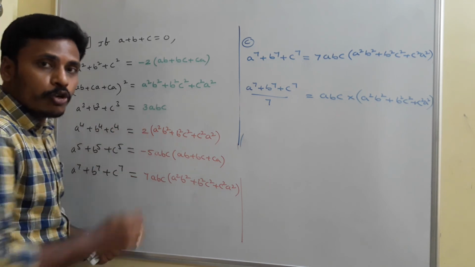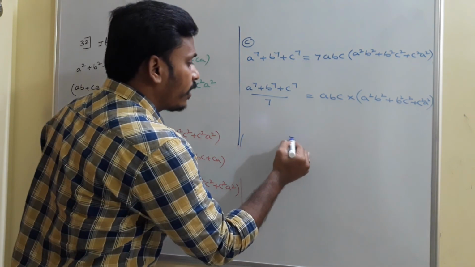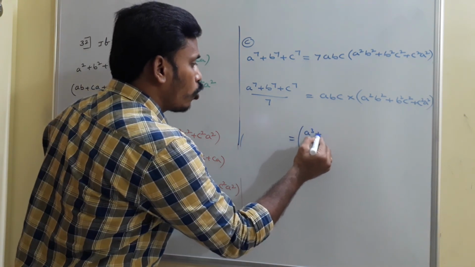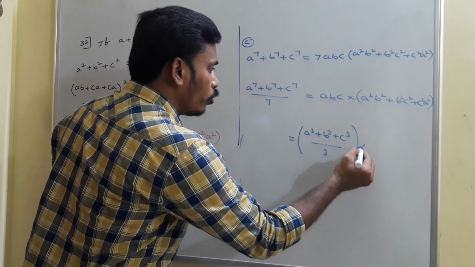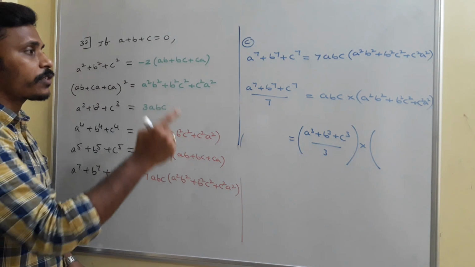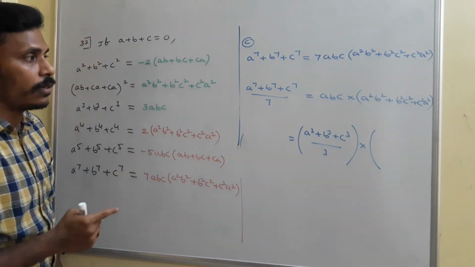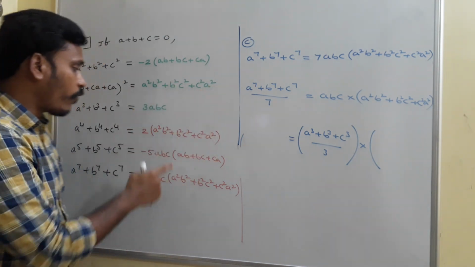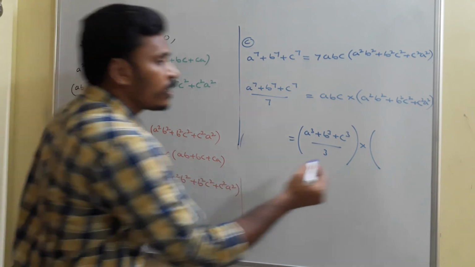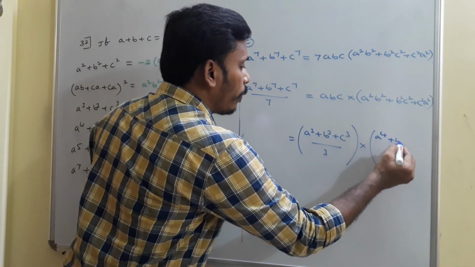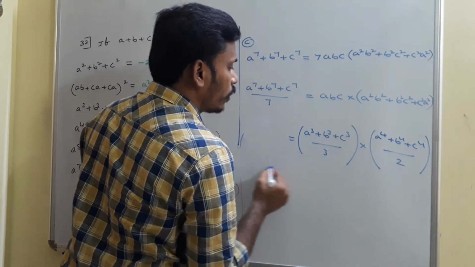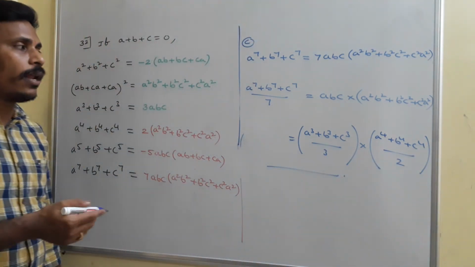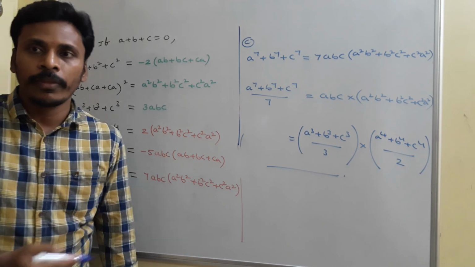From A cube plus B cube plus C cube, I will rewrite that ABC as A cube plus B cube plus C cube by 3, into the square sum, and from the second result it is equal to A power 4 plus B power 4 plus C power 4 by 2. Just observe it, it's one more relation based on these values. Okay, just have a look.